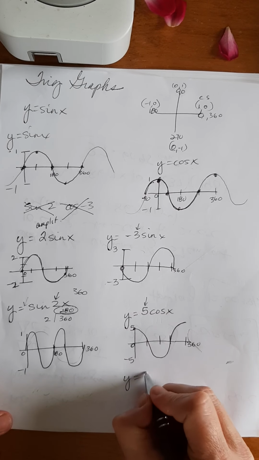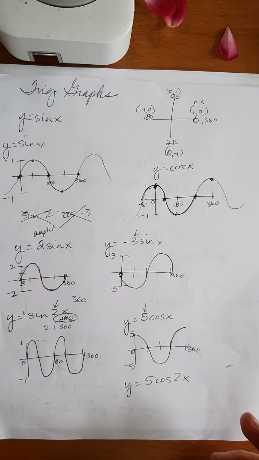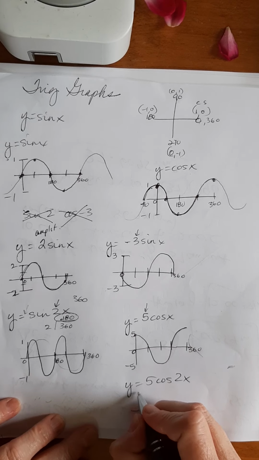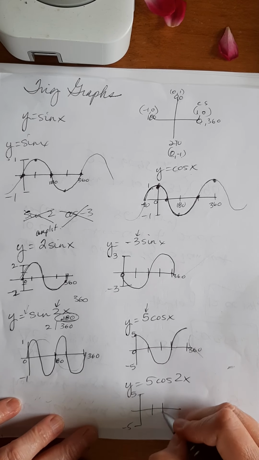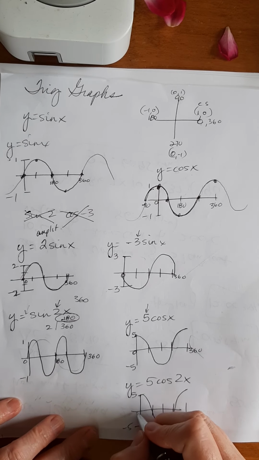Now let's say if you did cosine of 2x, where you had 2 curves, the easiest way to do it is you can just show me one section, and you can still show me one curve.